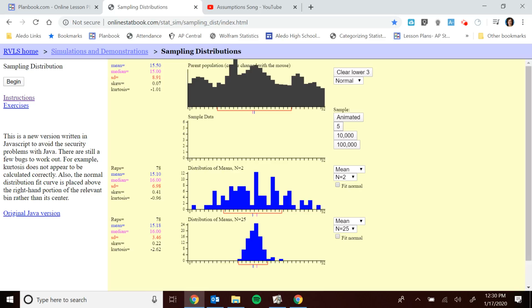Okay, that's the part up here that's black. So we may or may not know the shape of the population, but we know that if you meet the criteria, and in particular, if the sample size is large enough, then your sampling distribution will be approximately normal.